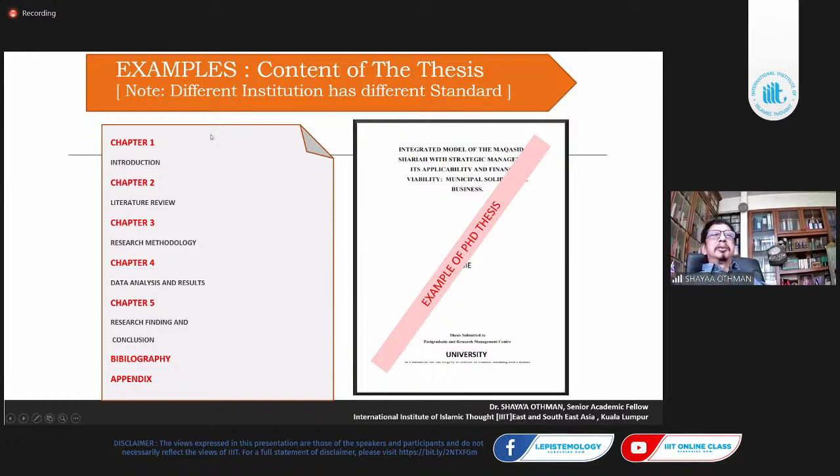When I look at my master's and PhD theses, there are a lot of errors in my English. English is not my mother tongue, but my thesis got a distinction. I asked my supervisor why I was given the distinction. He said, we don't look at your grammatical mistakes, we look at your substance.